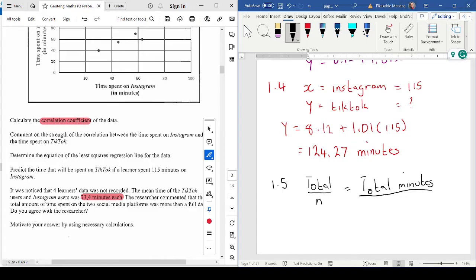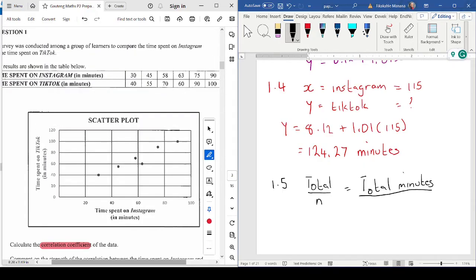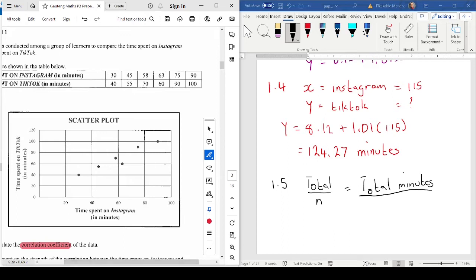Now it was noticed that 4 learners' data was not included. The mean time of the TikTok users and Instagram users was that. So how many data sets? We're just gonna go back up here and count them.